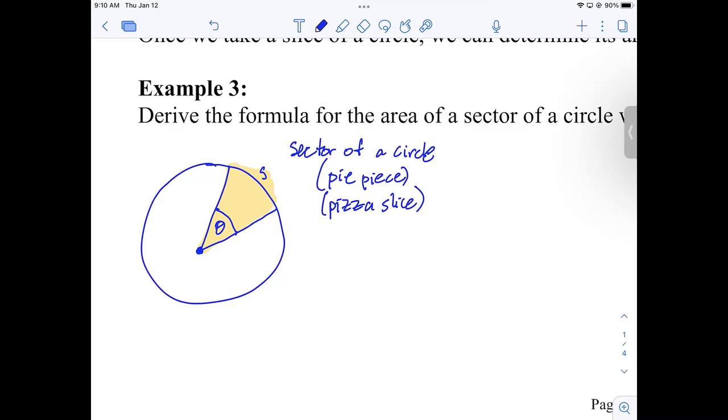And the reason we can do this is because it's nothing more than a proportion. It's a proportion of the whole thing. So let's go ahead and do for one whole rotation all the way around. We know the area is pi r squared, and we know the angle theta is 2 pi.